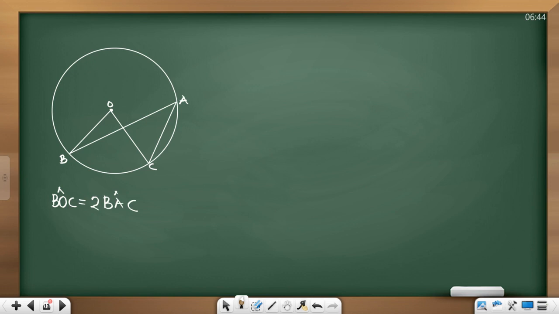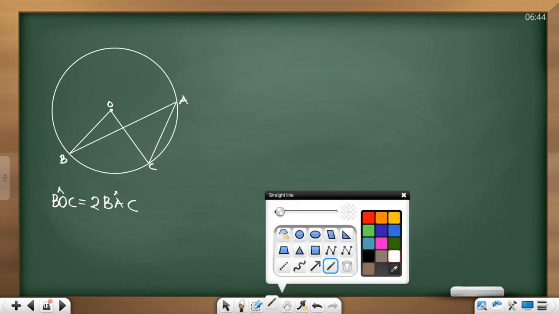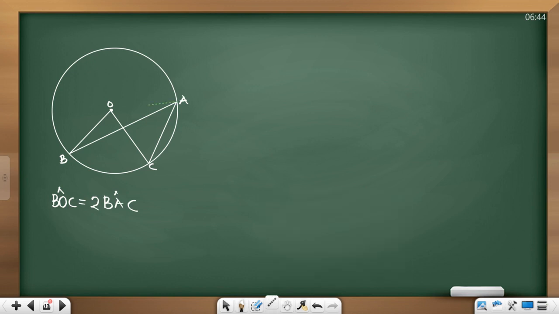That's all. We are still going to join OA and extend to P. So that one remains. That's my P. Now we are going to label the angles. I'll label that one as 1 and label this whole thing as 2. That's where the diagram becomes a bit different.